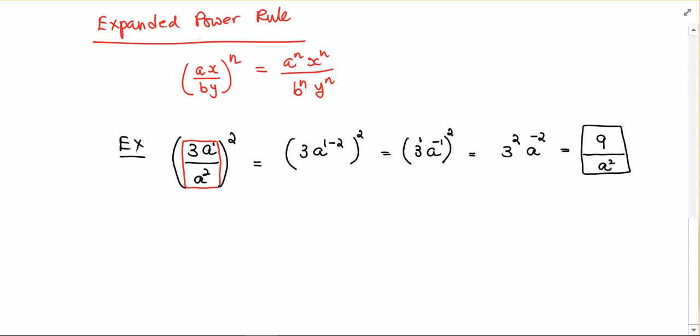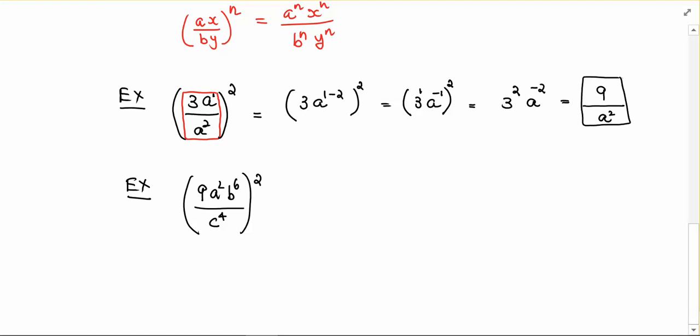Okay, so let's do one more before we end this video and start looking at more simplification problems. What if we had this problem? 9a squared b sixth c 4, and all of that to the second power.